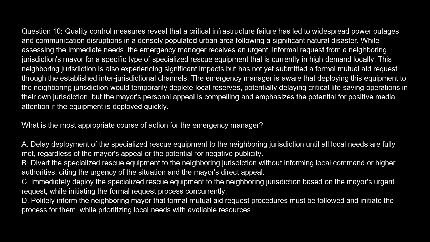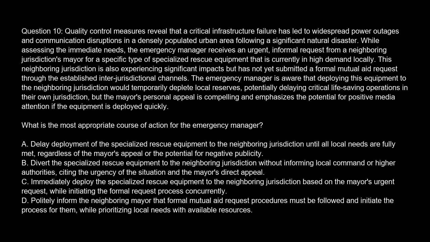This neighboring jurisdiction is also experiencing significant impacts, but has not yet submitted a formal mutual aid request through the established interjurisdictional channels. The emergency manager is aware that deploying this equipment to the neighboring jurisdiction would temporarily deplete local reserves, potentially delaying critical life-saving operations in their own jurisdiction.